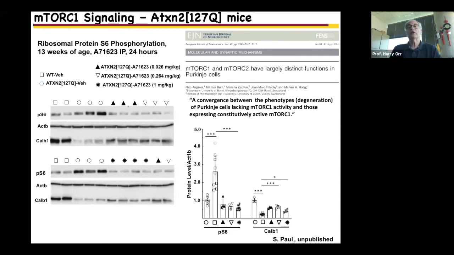Now, very interestingly, it has been shown in this paper, looking at mTORC1 and mTORC2 function in Purkinje cells, that they reported a convergence between the phenotypes, i.e. degeneration of Purkinje cells lacking mTOR activity, as we saw in our SCA1 models, and those expressing constitutively active mTORC1, as we saw in our SCA2 models.